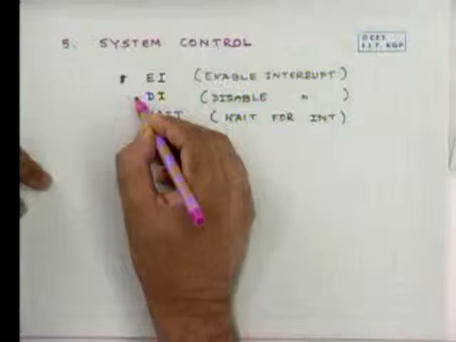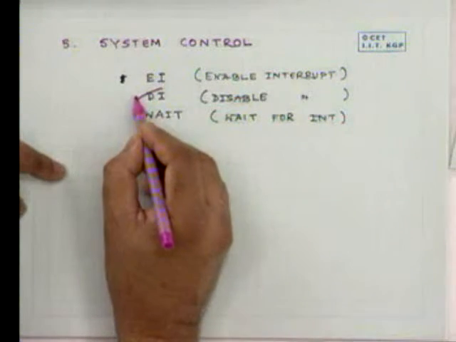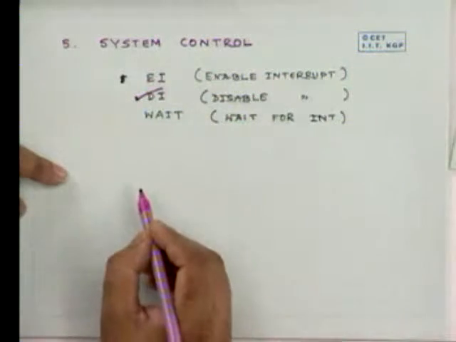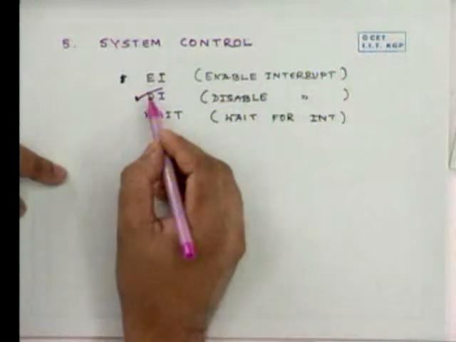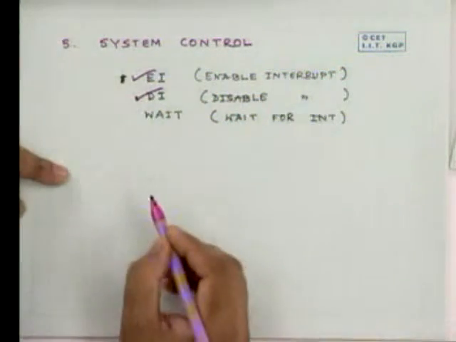In that case, it can disable all interrupts, saying that it does not want to be interrupted now. And similarly, after disabling interrupts, when the CPU finds that it can once more entertain interrupts, then it can enable the interrupt once more.